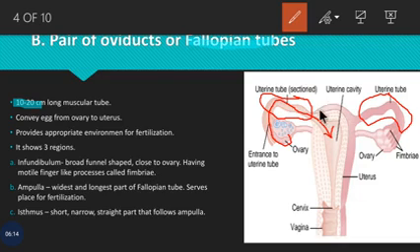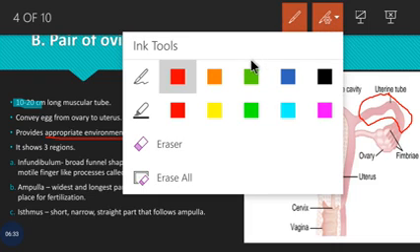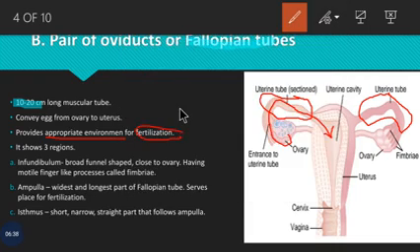It also provides an appropriate environment for fertilization, which is the union of gametes. The fallopian tube has three important regions, each having different functions.